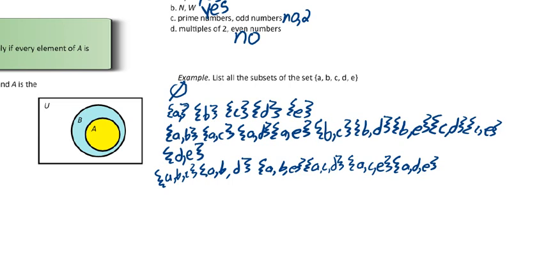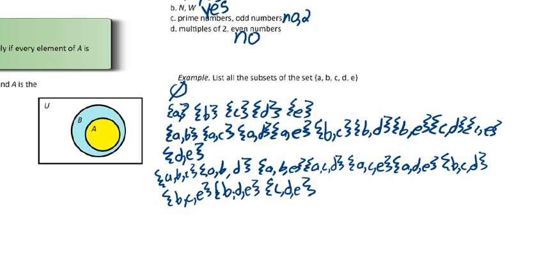Then I could start with B. I could have BCD. I could have BCE. I could have BDE. I could have CDE. So that gave me 10 sets there.